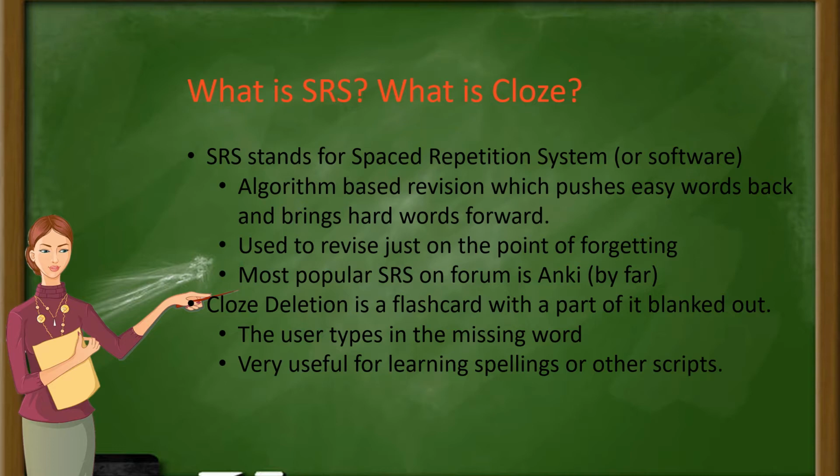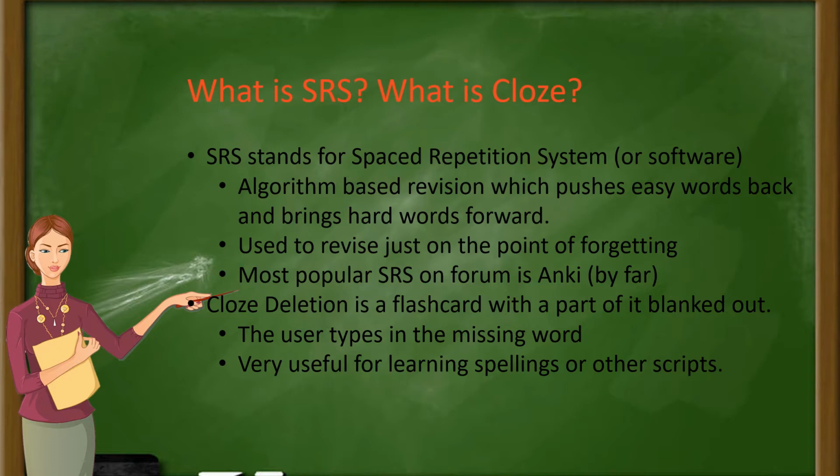With SRS, each time you revise a word and remember its meaning, the time of the next revision of that word is increased. Conversely, when you get a word wrong, the time of the next revision is decreased. And the result is that you revise words that you know less and less often, and you get words that you don't know more and more often.